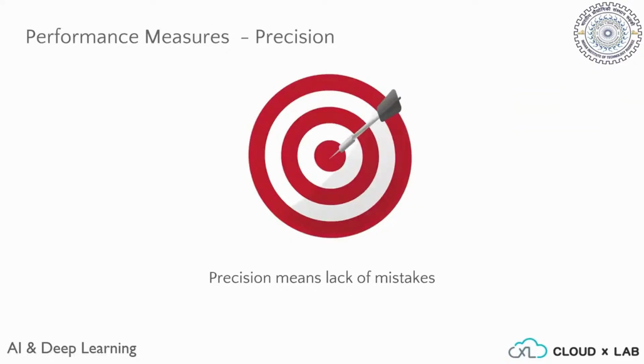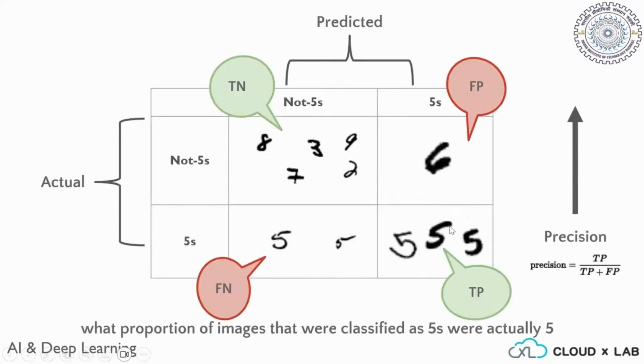For example, in precision, what exactly are we interested in? If the model is saying yes, it has to be correct.